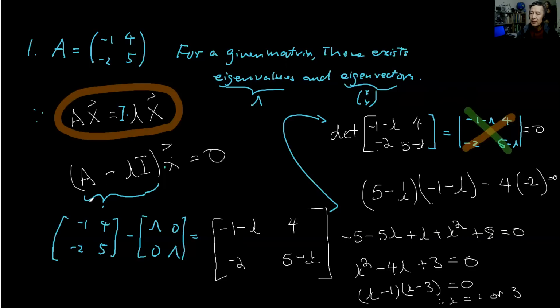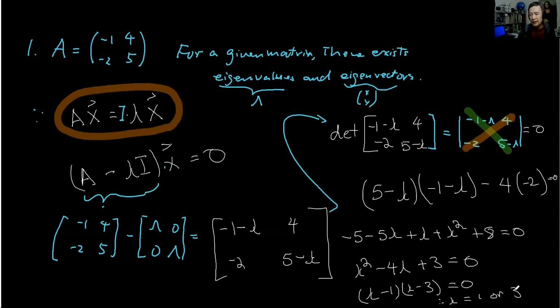That is a very important feature of the matrix, something you have to remember. Now, just by using this equation, you should be able to solve for both the eigenvalue and the eigenvector. That's what we learned last time.